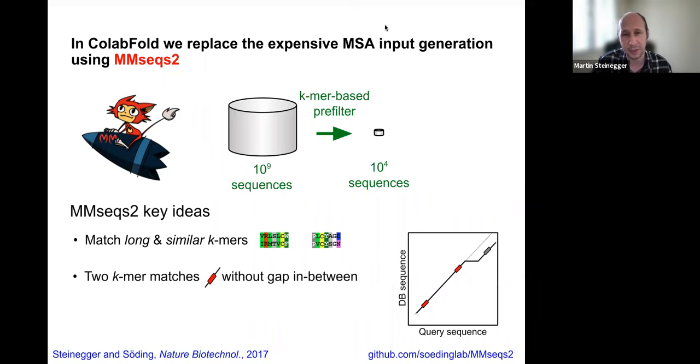The idea for that k-mer based pre-filter is that we use quite short words, like short k-mers, and not just exact matching, but also similar matching k-mers.